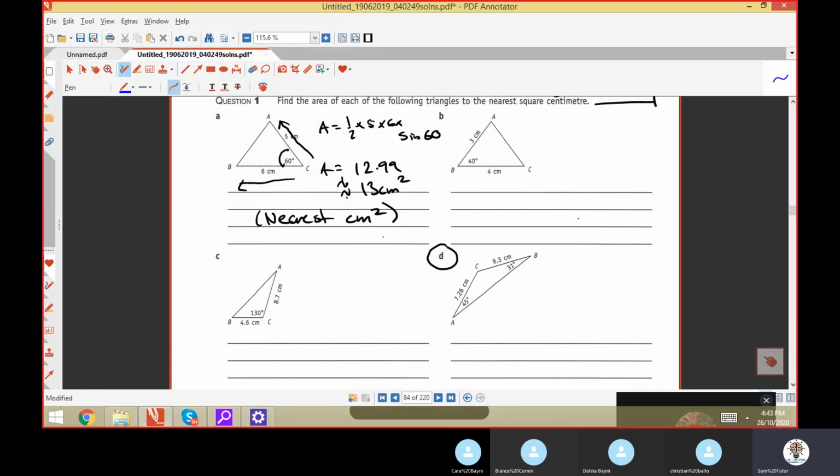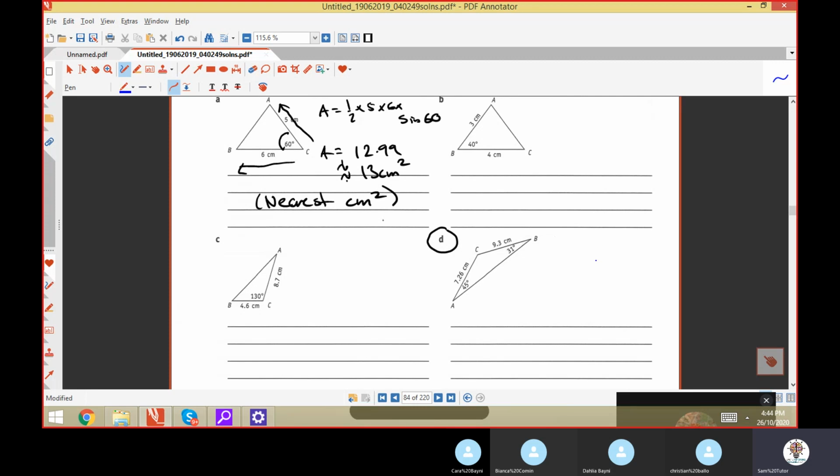At first glance, D might look like sine rule, right? And then you could use 7.26 and 9.3 as your A and B, and evaluate the area that way. Yeah, that's correct.